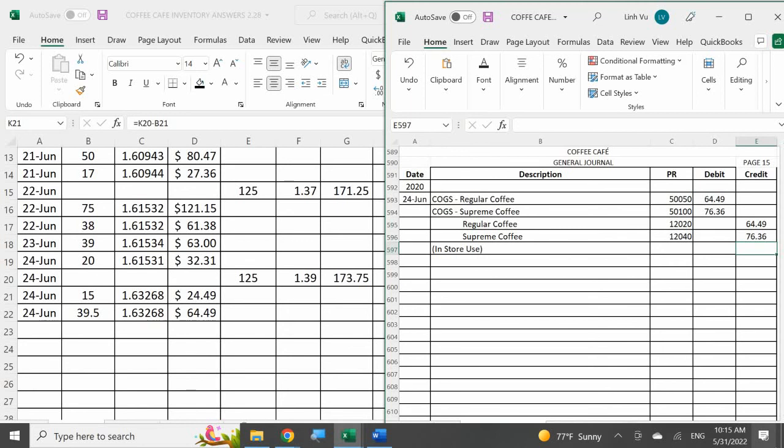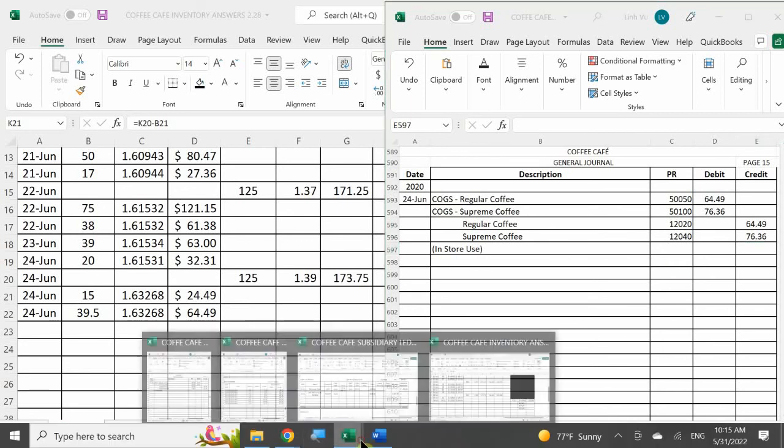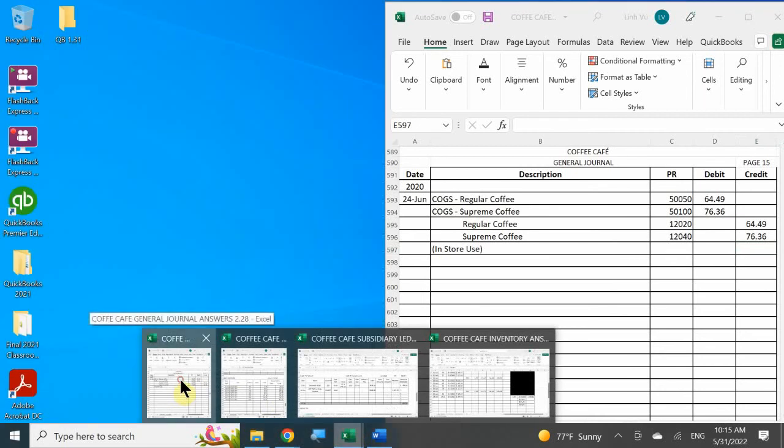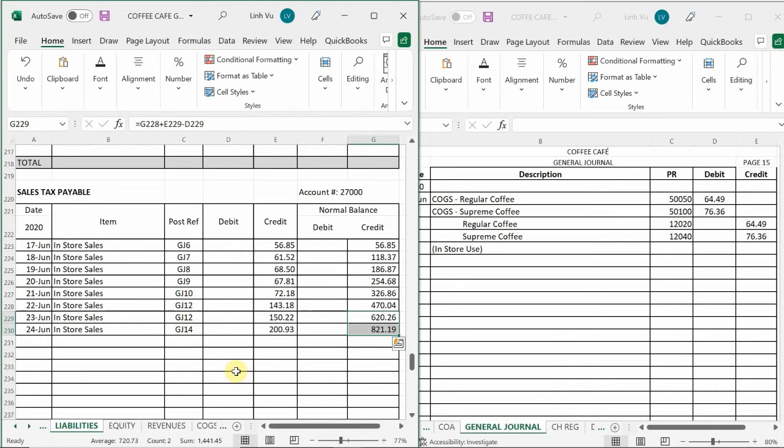Okay, so now let's update our ledgers accordingly. Starting with the cost of goods sold.